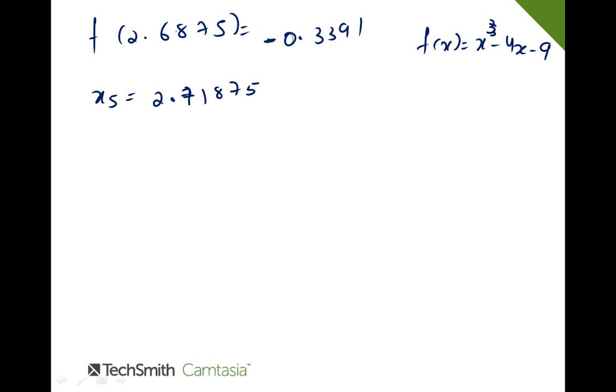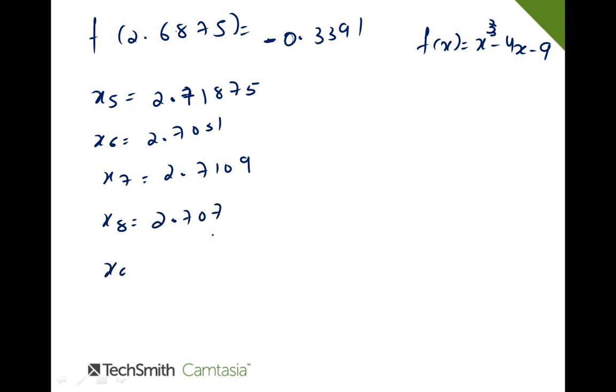I'm going to work till I get a number that's going to be convergence. x6 will be 2.7031, x7 will be 2.7109. As you see, the numbers are getting closer to 2.7. x8 will be 2.707. Go for x9.